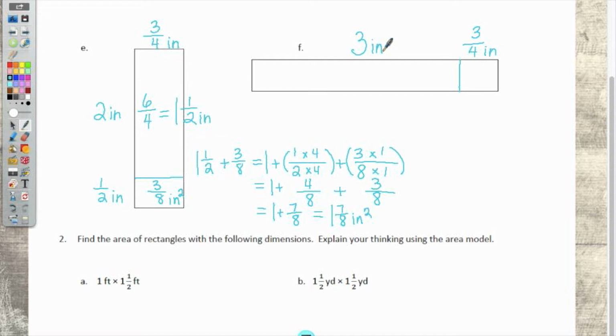Okay. And George A., tell me what the width is. 4 1/2. Okay, I've got to erase this.